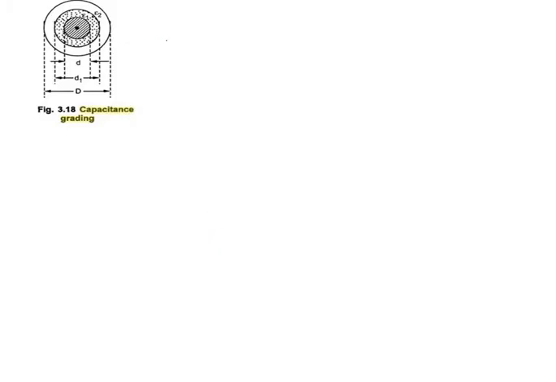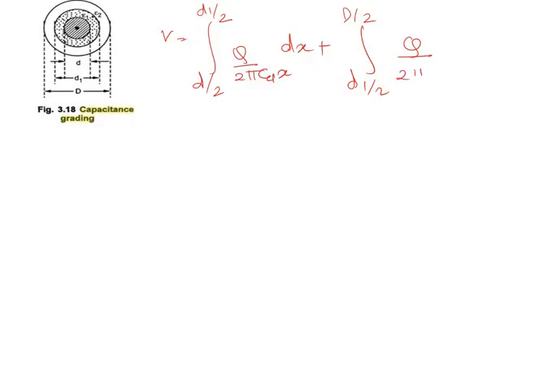Now we have to evaluate G1 and G2. So we will get integration of d by 2 to d1 by 2 q upon 2 pi epsilon 1 x dx plus integration of d1 by 2 to capital D by 2 q upon 2 pi epsilon 2 x dx.